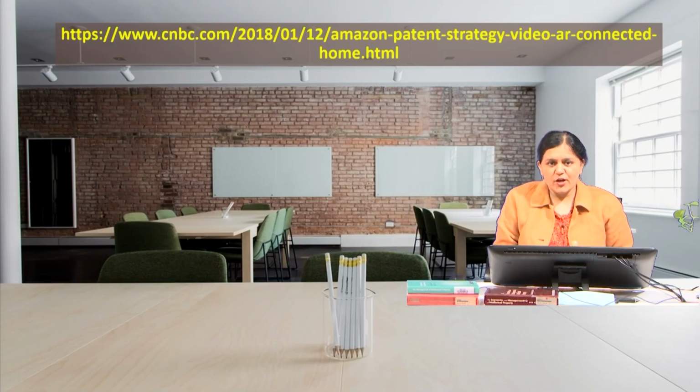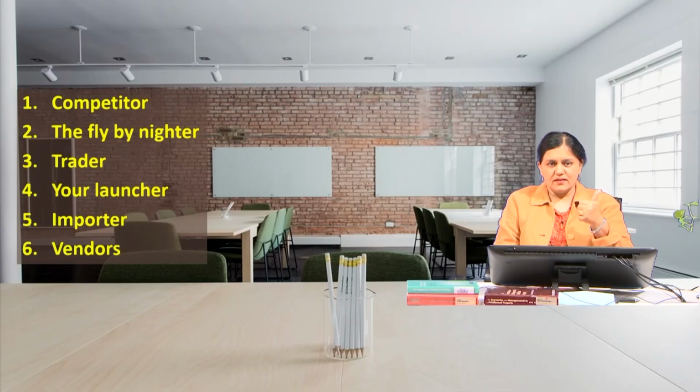So, I hope you have enjoyed this video. To summarize, your potential enemies are the competitor, the fly-by-nighter, traders, your launcher, importer and vendors. How are you handling potential enemies?